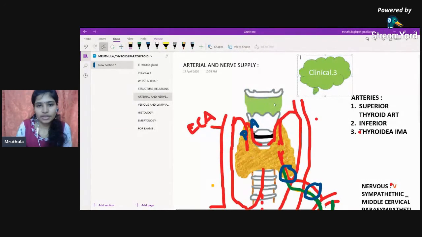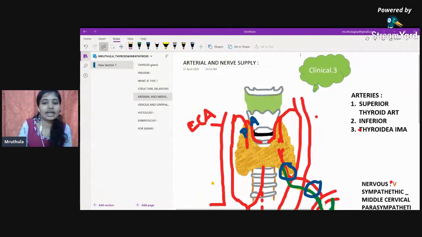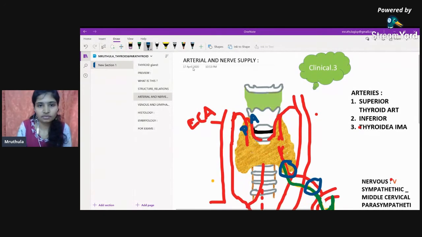Before going to the question, I would like to say another nerve is there, which is having a similar course on the superior aspect. Again, I'm using blue color for the nerve. Like how the recurrent laryngeal nerve was coursing along with the inferior thyroid artery, on the superior aspect there's one nerve which is coursing along with the superior thyroid artery, and that nerve is called the external laryngeal nerve.